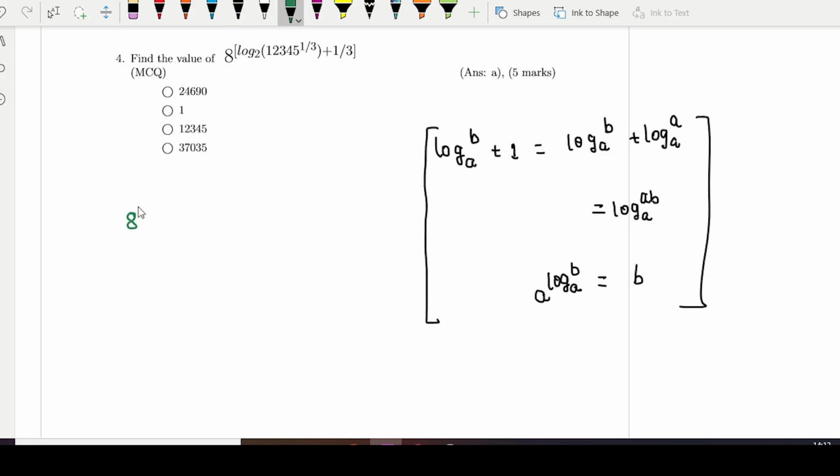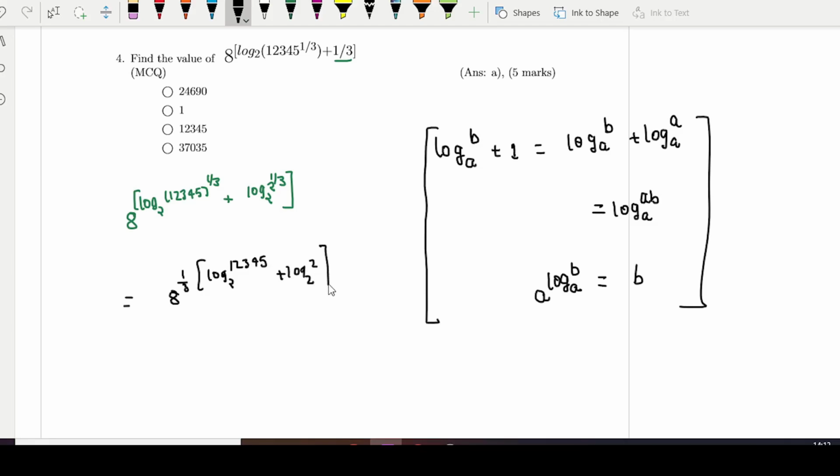So it is 8 log base 2 of 12345, the whole power 1 by 3. Since it is 1 by 3, we can write log base 2 to the power 1 by 3. Now take 1 by 3 outside the logarithm, so it will become 8 by 3 log base 2 of 12345 plus log base 2 of 2.